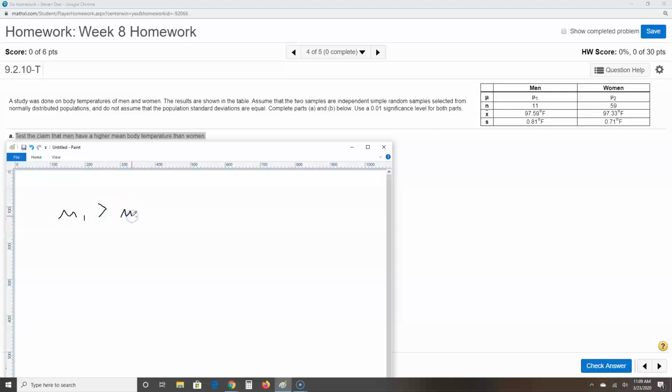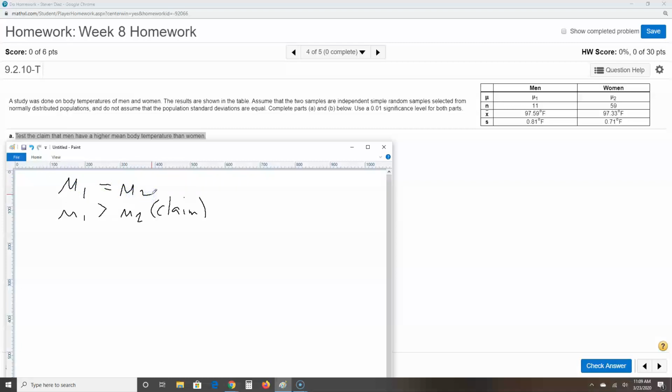That will be mu2. Now that's my original claim, so let me write that here. Claim, that's my original claim. And every claim has a counterclaim, so it will be mu1 is less than or equal to mu2. But in our book, we don't write less than or equal, we're going to say equal. So mu1 is equal to mu2.